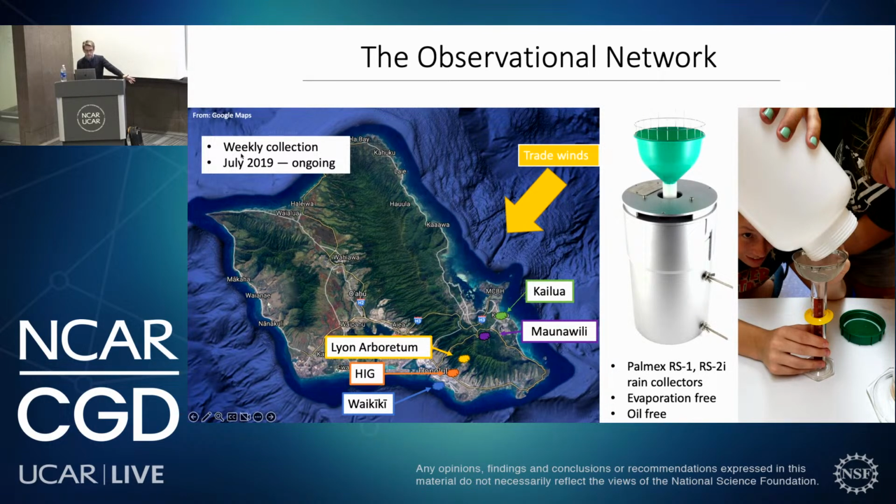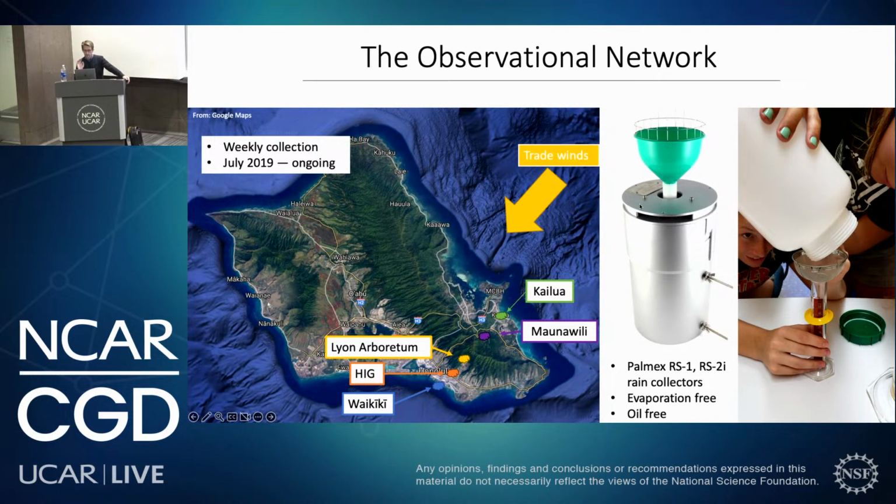We try to collect every week, and we're planning on doing daily collections this coming winter with the collaboration of a team from Potsdam who develop automatic samplers. For these weekly collections, we're using Palmex rain collectors, which are slightly more sophisticated buckets.